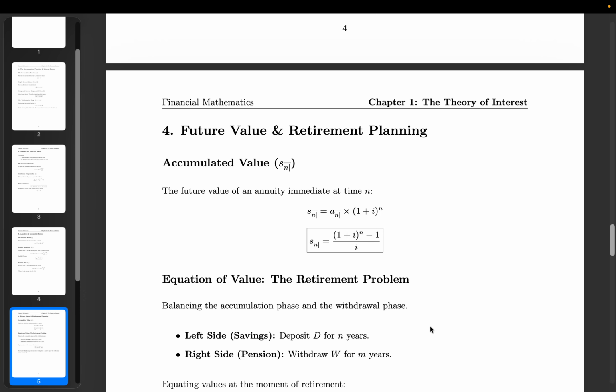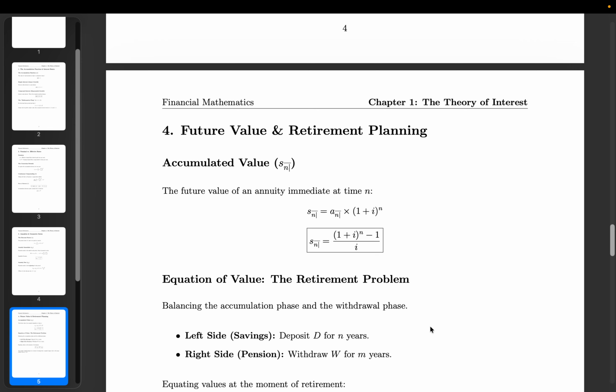Let's flip the script. Instead of asking what future payments are worth today, let's ask what our savings will be worth in the future. This brings us to the symbol s angle n. This is the accumulated value of an annuity. Imagine you are saving for retirement. This is one of the key examples in chapter 1.